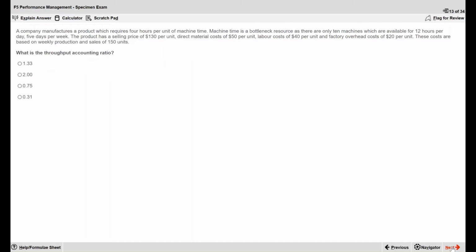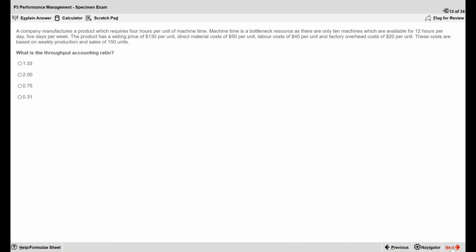What is throughput accounting ratio? Remember, throughput accounting ratio is throughput per limiting factor divided by fixed cost per limiting factor. A company manufactures a product which requires 4 hours per unit of machine time. Machine time is a bottleneck resource, as there are only 10 machines available for 12 hours per day, 5 days per week.